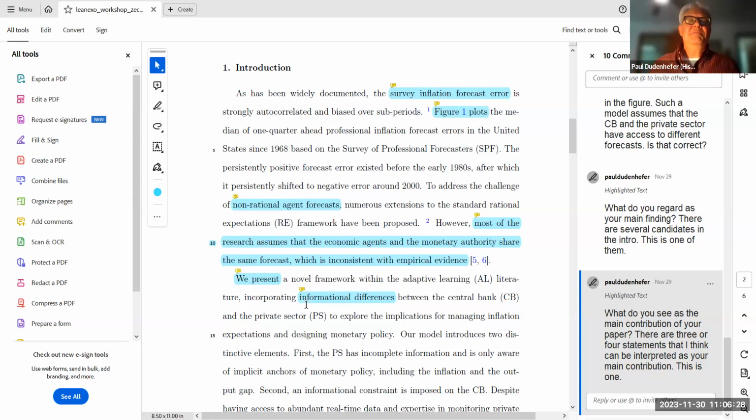And I guess what it would be is think about what you said your main contribution is, and think about the literature that you're responding to, and think about constructing an introduction around those things, and see what you come up with.